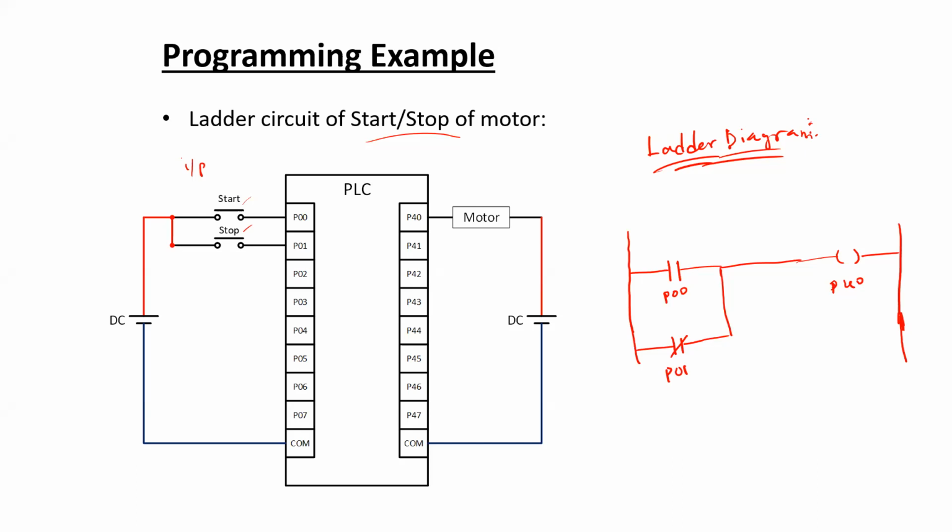I mean, you are pressing the start button. This contact is supposed to be getting closed. Now, when you are going to press the stop button, will it stop the flow of current towards the output coil?